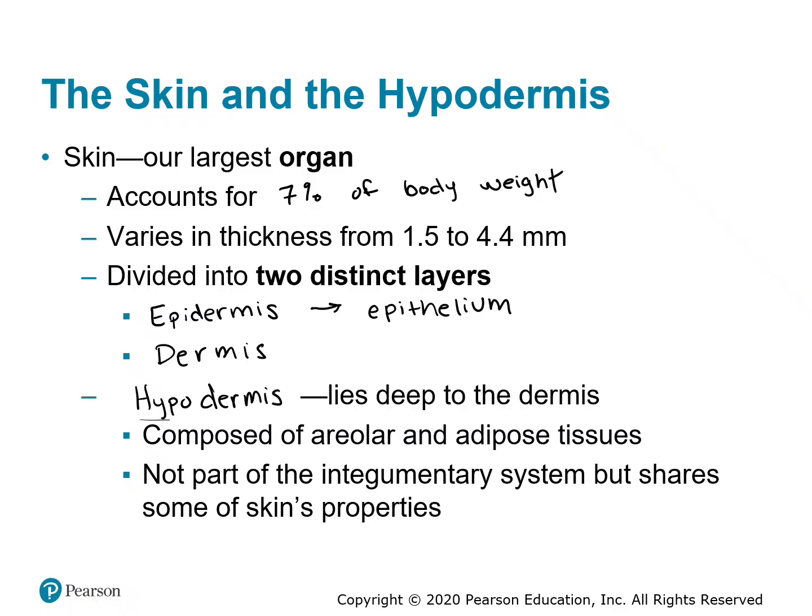Connective. Yeah, adipose and areolar are both connective tissues. Okay. So the hypodermis is technically not part of the integumentary system, but it does share some of the properties that skin has. So we like to include it in the conversation. Okay? Cool? Cool.